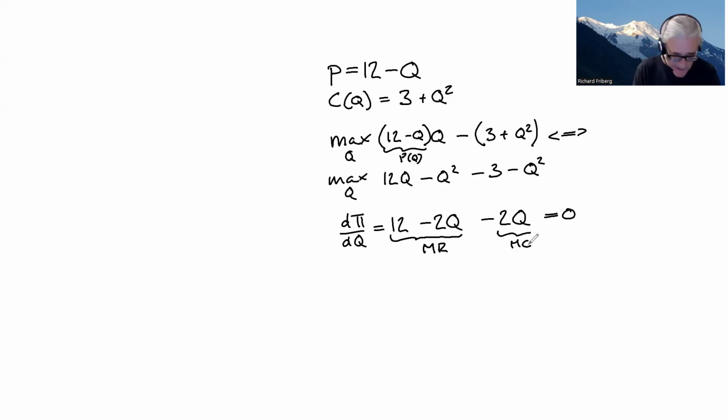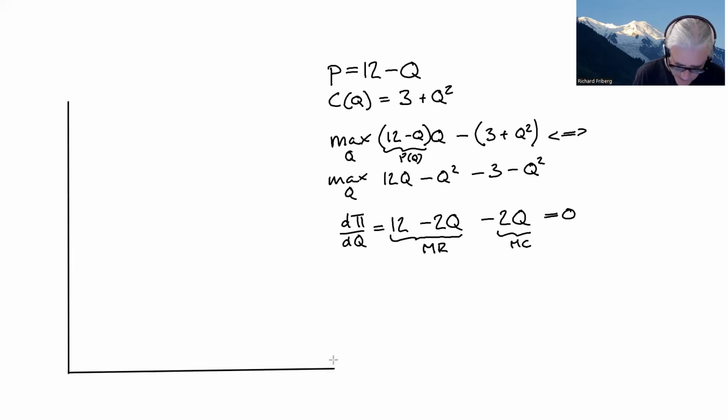Okay, so let's draw this to help with the intuition. Like this. So we have quantity on the horizontal axis, price on the vertical. So let's illustrate.